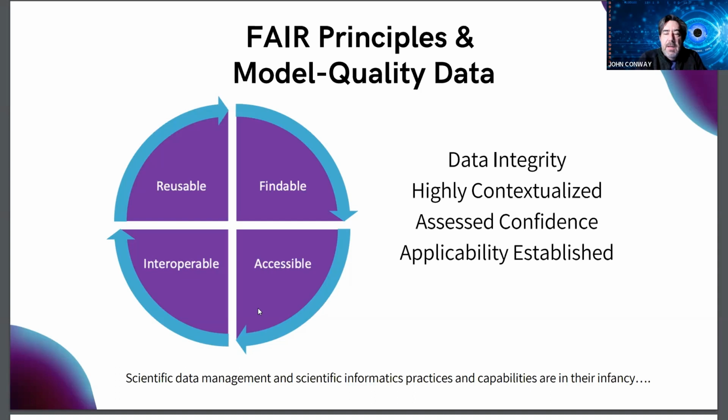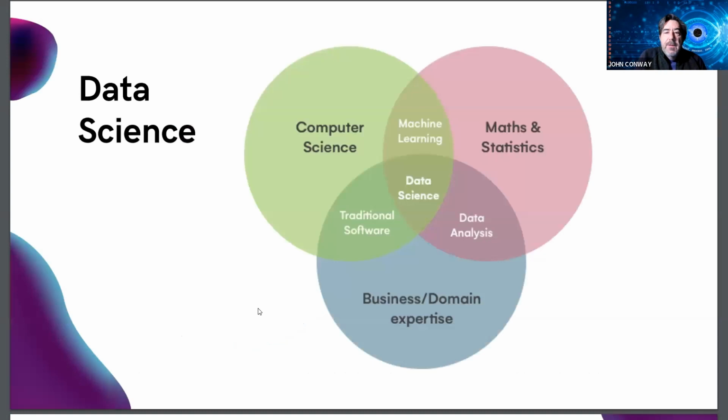And for companies like Elucidata, producing model quality data is imperative. So having high data integrity, highly contextualized data, confidence in your data, and then applicability. These are really important areas that you want to take into consideration when producing these data environments.